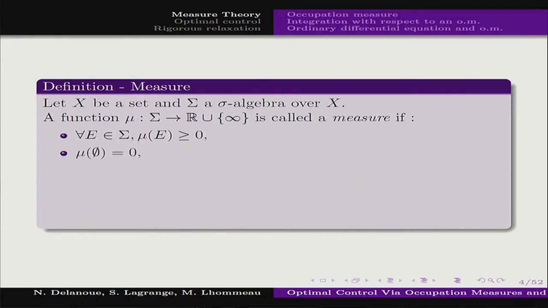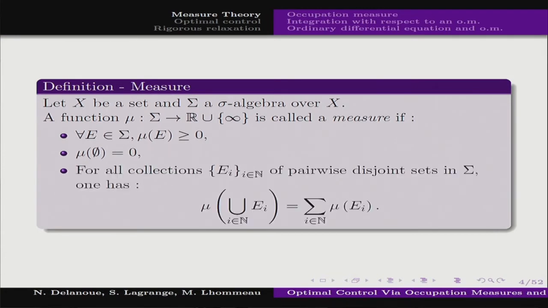The mass of the empty set is equal to 0, and this one seems technical, but it's quite easy. If you have two disjoint sets, the mass of the union of those two sets is only the mass of the first one plus the mass of the second one. So here, a collection of pairwise disjoint sets and so on.